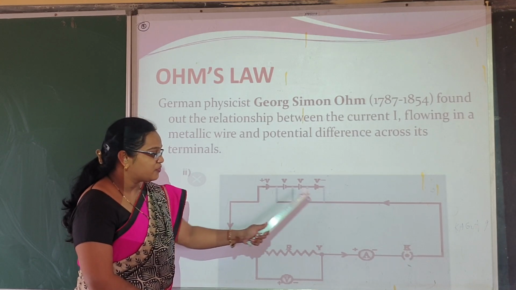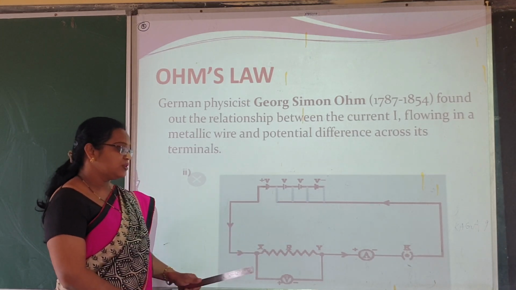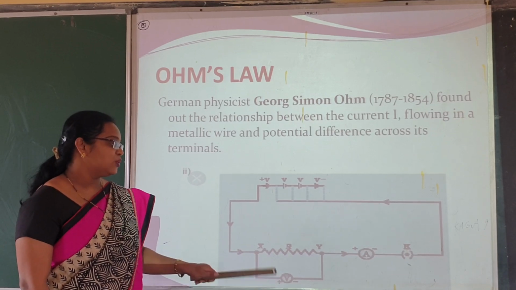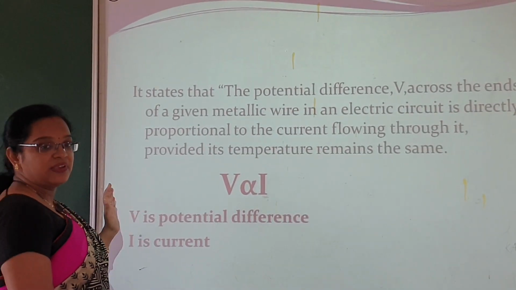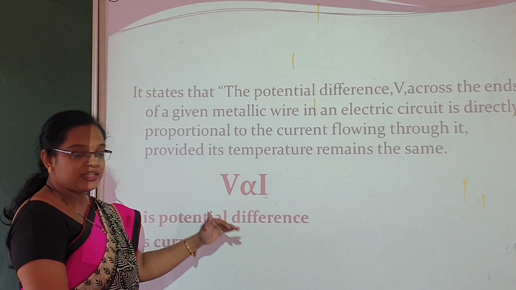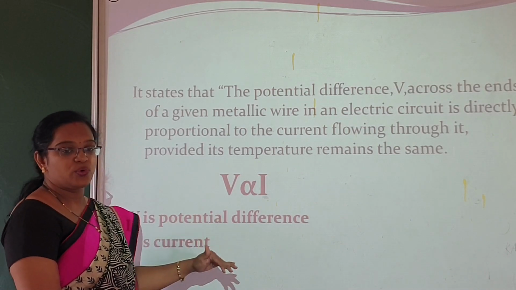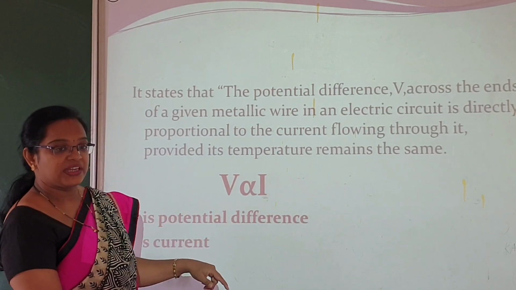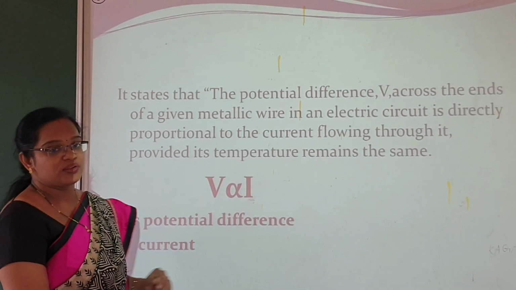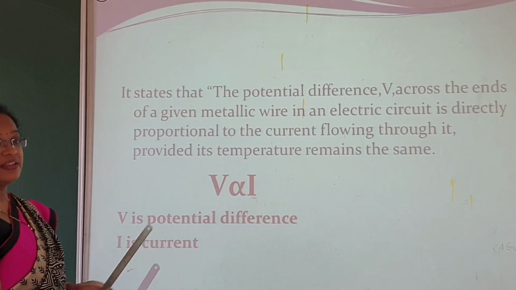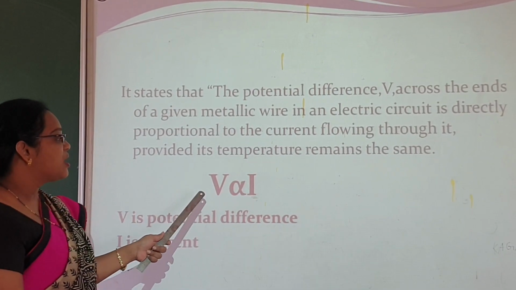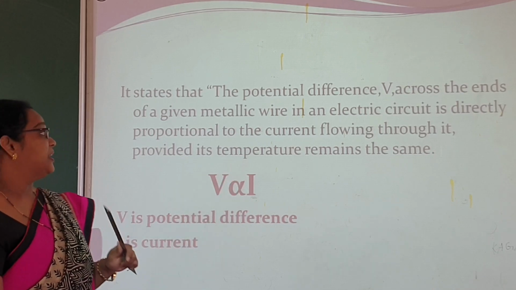Like that, for 4 cells also, we note the readings. When the voltmeter value, the potential difference, increases, the ammeter reading also increases. That relation is V proportional to I.